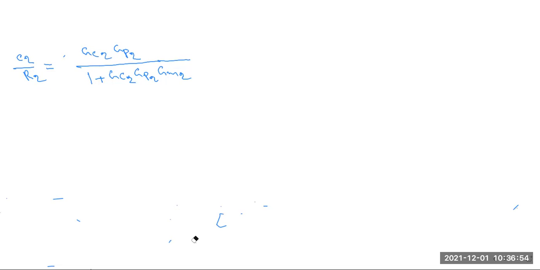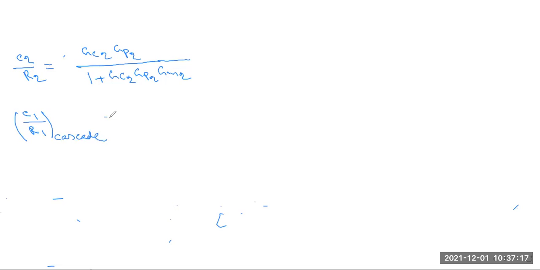These are the required terms we use in the last diagram. Now the complete function is coming. This is the cascade system. Another one, C1 by R1, that is output by input.